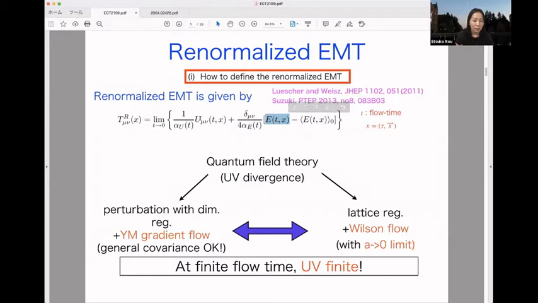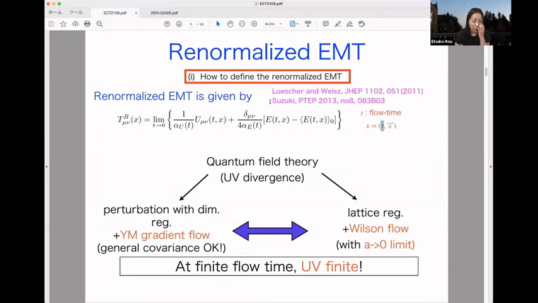And here t denotes the gradient flow time, x denotes the four-dimensional space-time coordinate, and tau denotes the imaginary time.